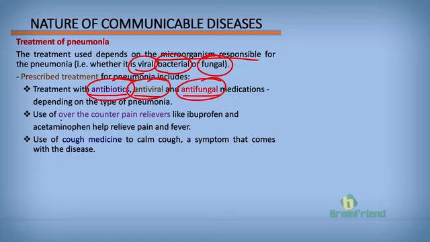Use of over-the-counter pain relievers like ibuprofen and acetaminophen would help relieve pain and fever. Use of cough medicines to calm cough. Remember, we said that one of the symptoms of this disease is what? Dry cough. So we can use cough medicines to calm cough, which is of course a symptom that comes with the disease.